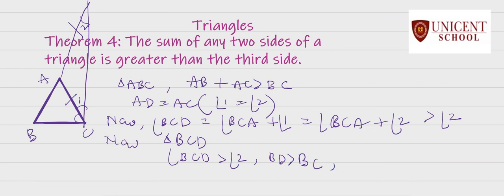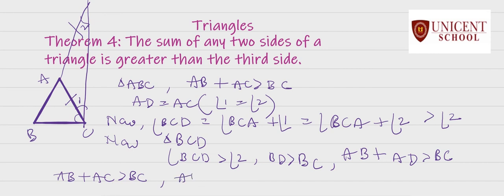That means AB plus AD is greater than BC. And we can see that AB plus AC is greater than BC. Similarly, AB plus BC is also greater than AC and AC plus BC is greater than AB.